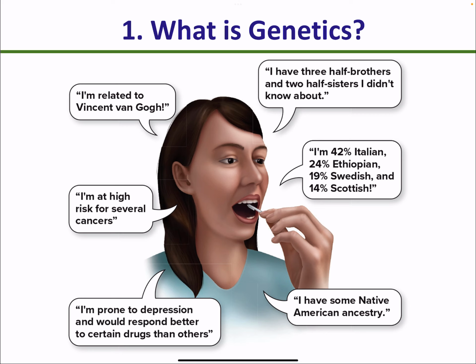You can find where you come from. For instance, you can find that you have 42% of your genome that can be traced back to Italy, that you have about 24% of DNA that comes from Ethiopia and Sweden, and so on and so forth.